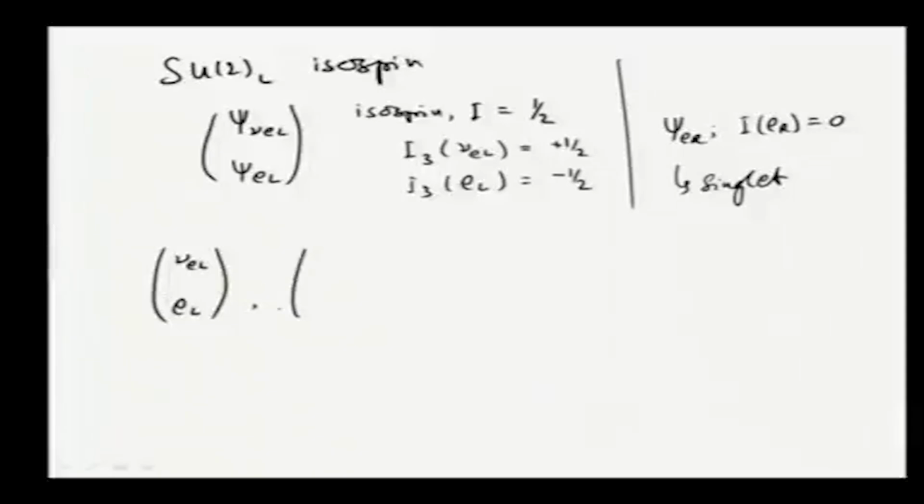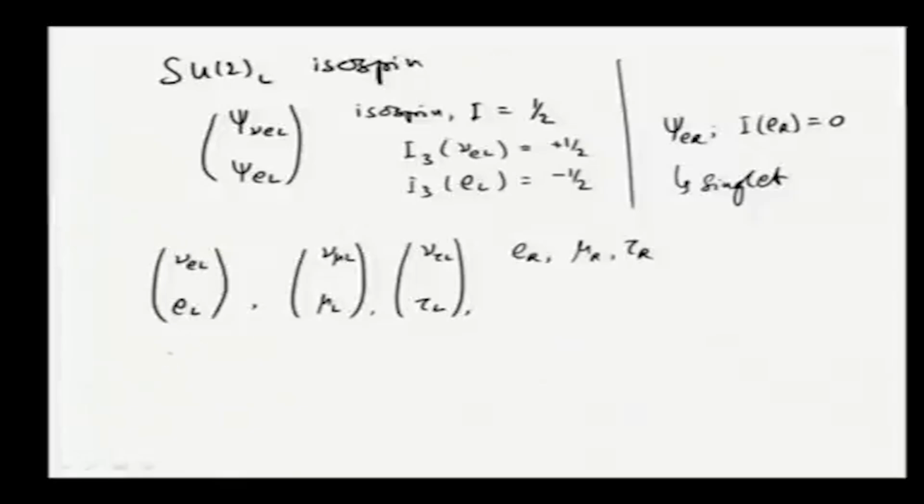Similarly, we have nu mu L and nu tau L, the left handed ones, and all others e R, mu R and tau R are singlets.